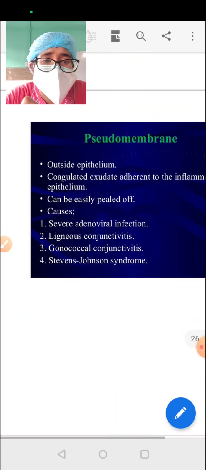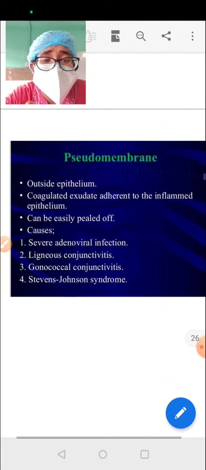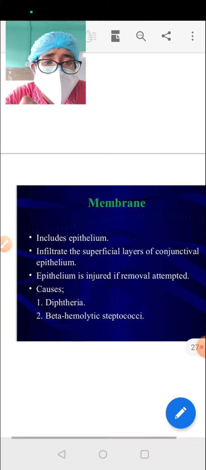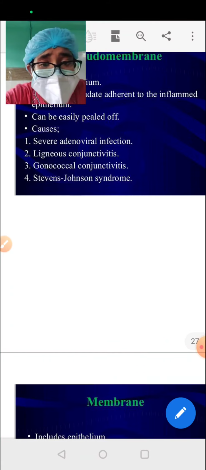Now, the pseudomembrane. What is pseudomembrane? It is a membrane that can be detached from the underlying conjunctiva without any bleeding, keeping the epithelium of the conjunctiva intact. It is found in cases of many viral infections, ligneous conjunctivitis, and also Stevens-Johnson syndrome.